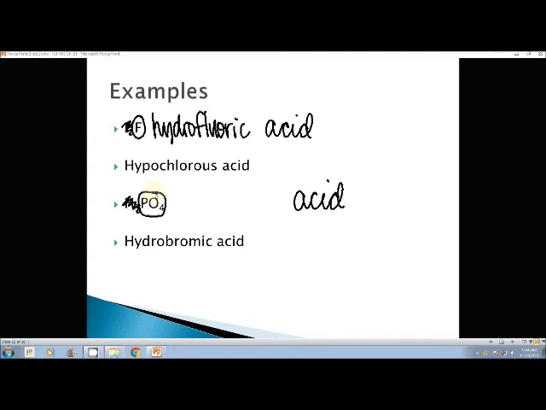So this is a weird one like the sulfur, and so the ate line tells us to drop the ate and add ic. Well, instead of having phosphic acid, we're going to have phosphoric acid. So you almost keep the whole word phosphorus. So phosphoric acid for H3PO4.